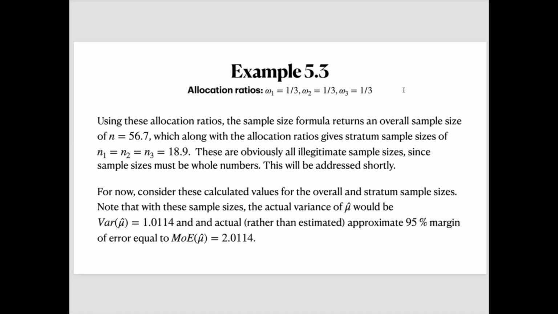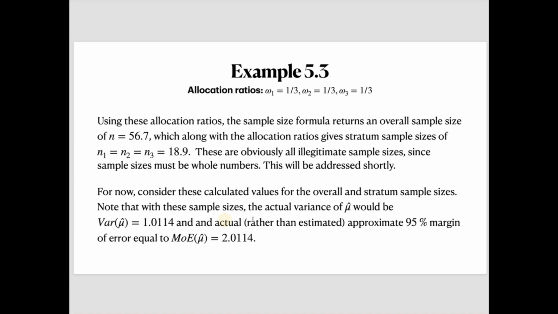All right, and so if we do that, then the actual variance of mu hat would be 1.0114. And then once we have the variance of mu hat, we can take the square root of that to get the standard deviation of the sampling distribution of mu hat, and then multiply that by 2, and that value would be the actual approximate 95% margin of error associated with mu hat.